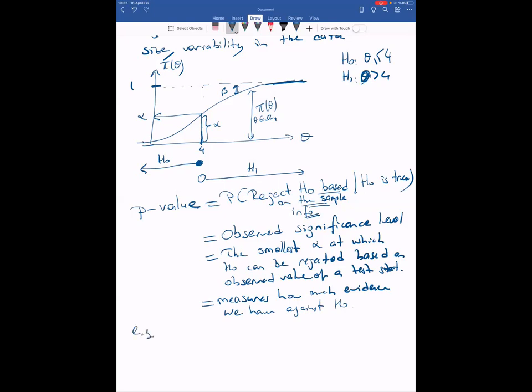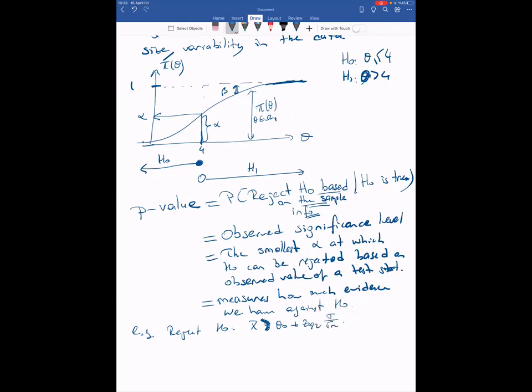For example, let's say we reject H0 if X bar is greater than theta 0 plus Z alpha over 2 times sigma over the square root of n.